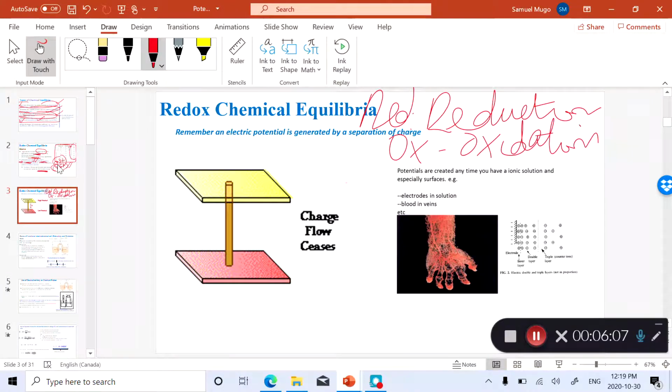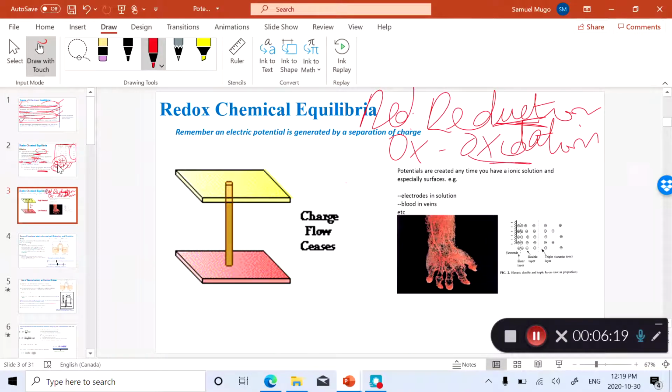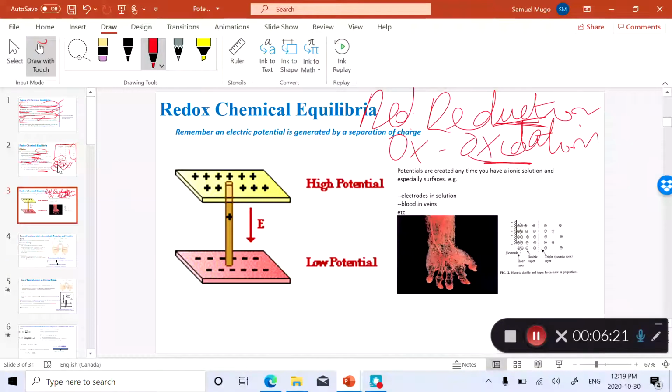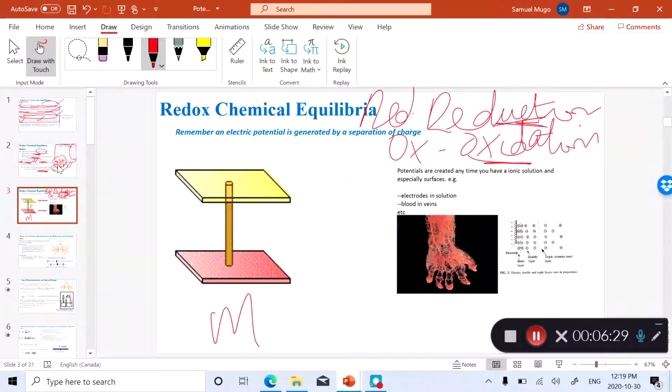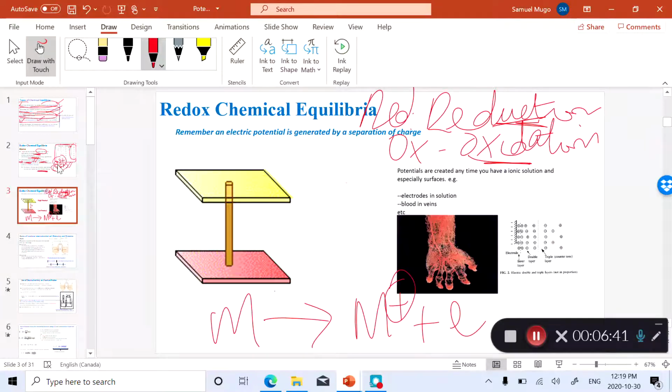So essentially, we are referring to chemical reactions that undergo reduction, which is an acceptance of an electron, or undergo oxidation, which is a donation of an electron. When something donates an electron, for example, you've got a metal, and then it donates an electron, you can see its oxidation state actually increases, so that is oxidation.